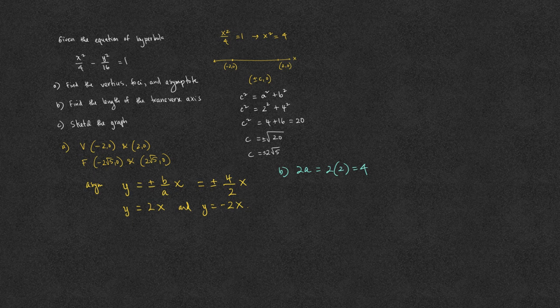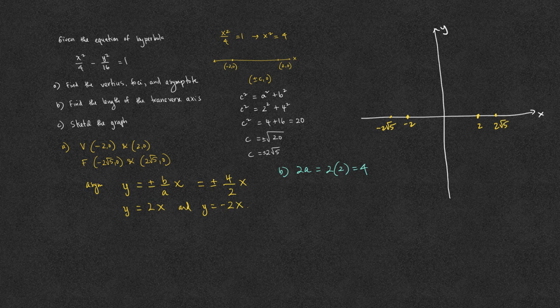To sketch the graph, we first sketch the vertices, negative 2, 0 and positive 2, 0. The foci are at negative 2 root 5, 0 and positive 2 root 5, 0.